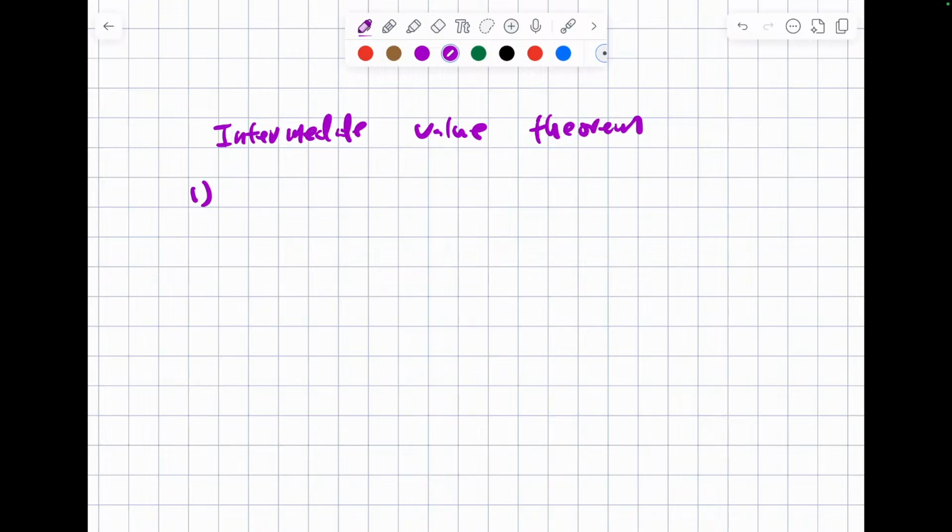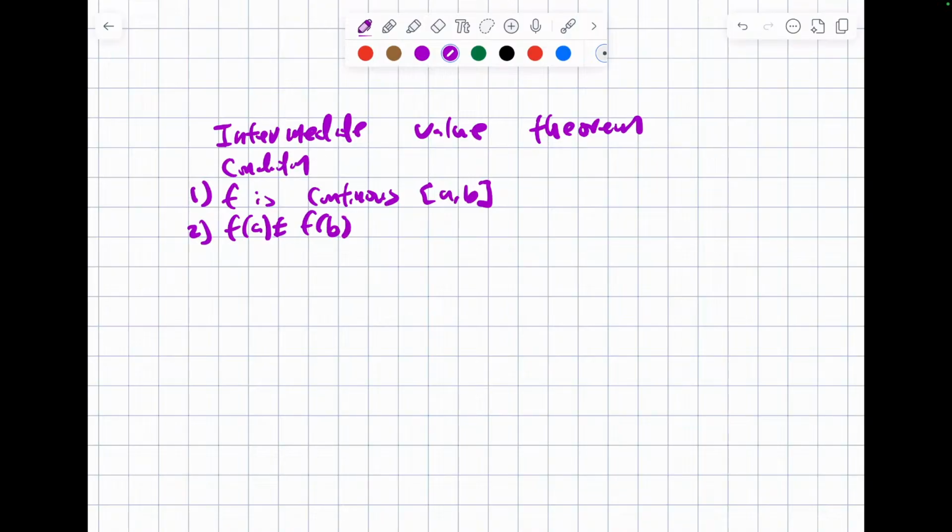The first condition is that f is continuous between a and b. The second one is what Jenny was talking about: f(a) does not equal f(b). That was one of the conditions, because if they're equal, there's no value in between. Jenny, got it?